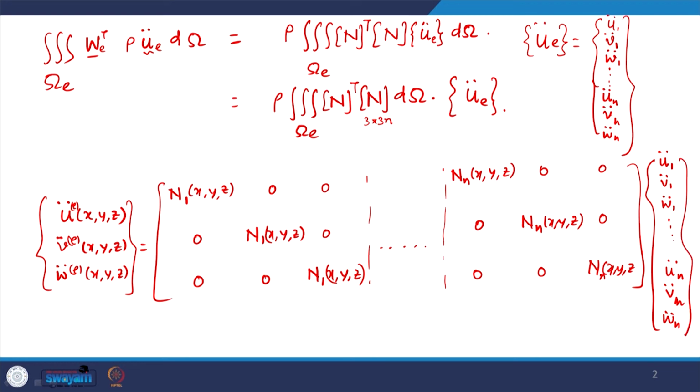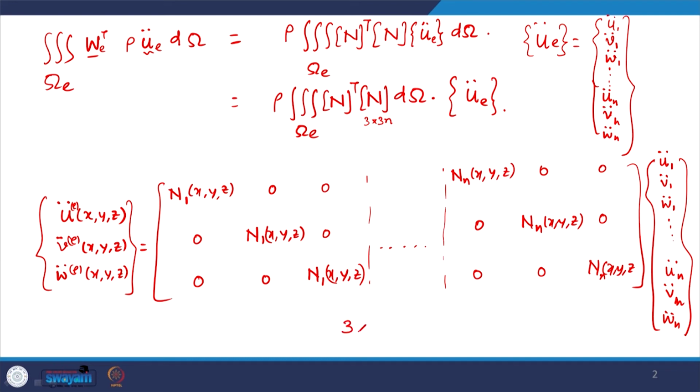So, for each node there are 3 entries. So, this corresponds to node 1, this corresponds to node n. So, in all there will be 3n number of columns. If n is the number of nodes, then there will be 3n columns, since there are 3 components of acceleration.